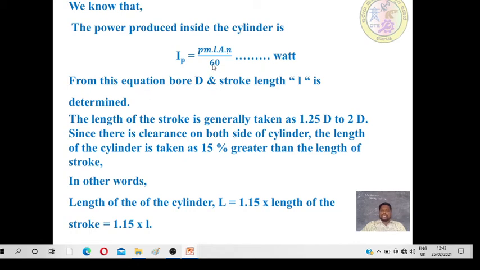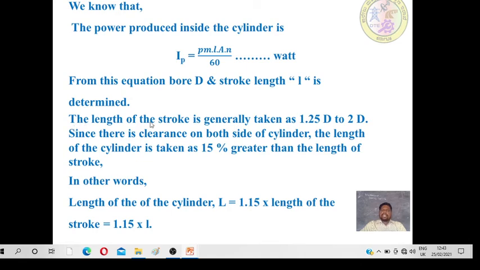From this equation, the diameter D and stroke length L are determined, because the cross sectional area means pi D square by 4. If you substitute pi D square by 4 here, then we have D here, and by using this equation we are going to find out the diameter as well as the length.